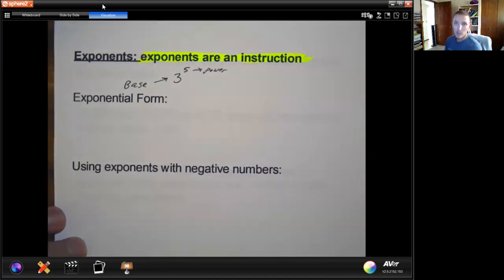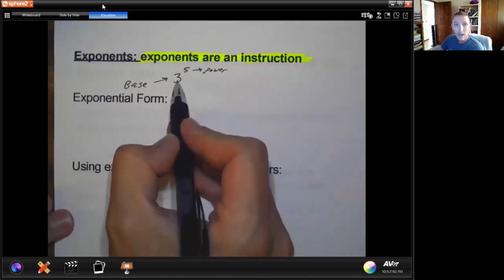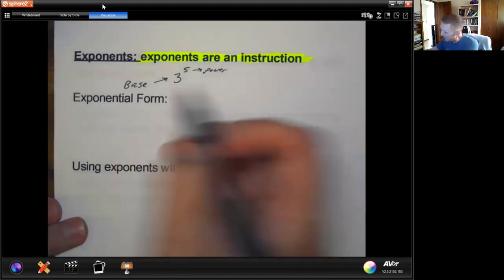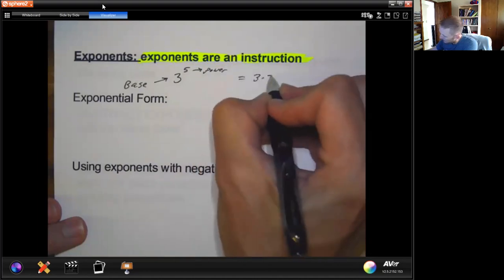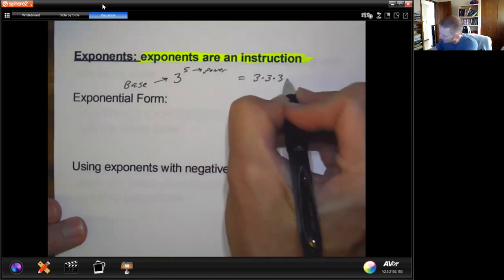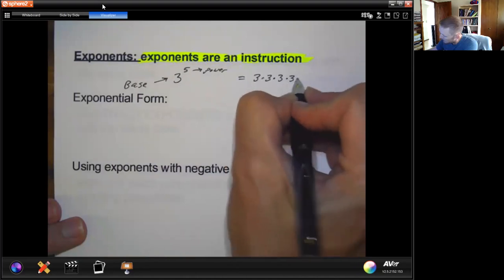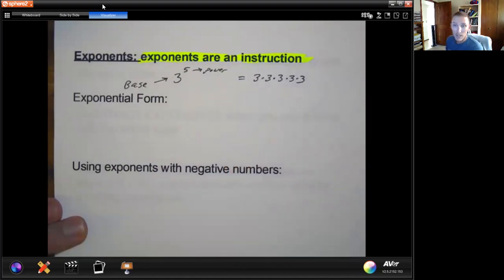And an exponent is an instruction about what to do. Now, in this case, the 5 is an instruction to take the base and multiply it by itself that many times. So this is going to equal 3 times 3 times 3 times 3 times 3. I'm going to take that base of 3 and I'm going to multiply it by itself 5 times.